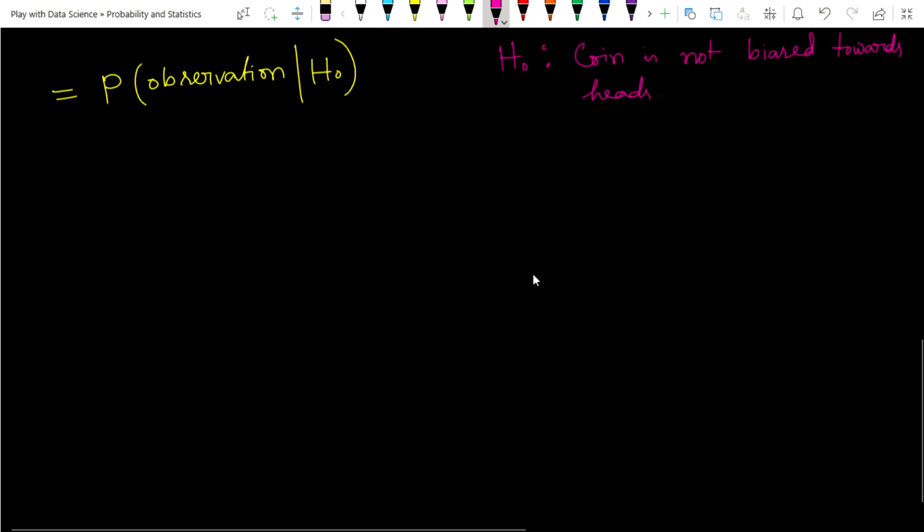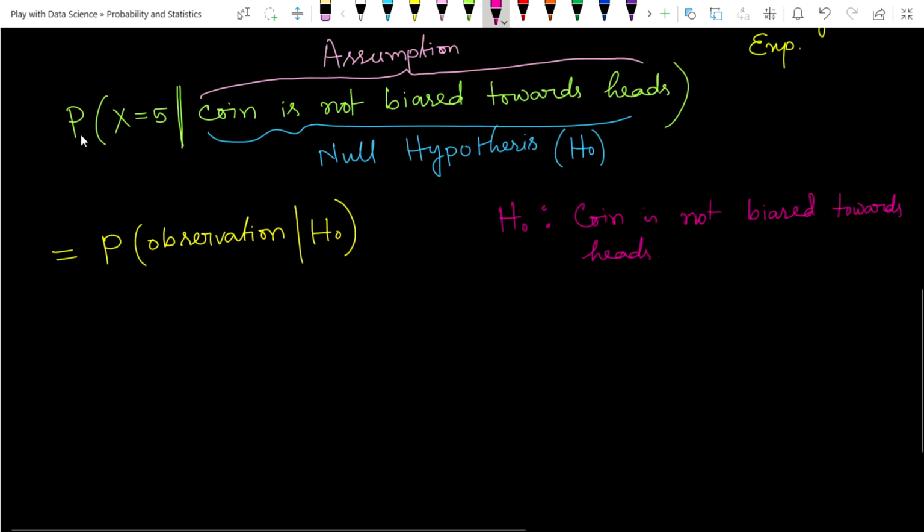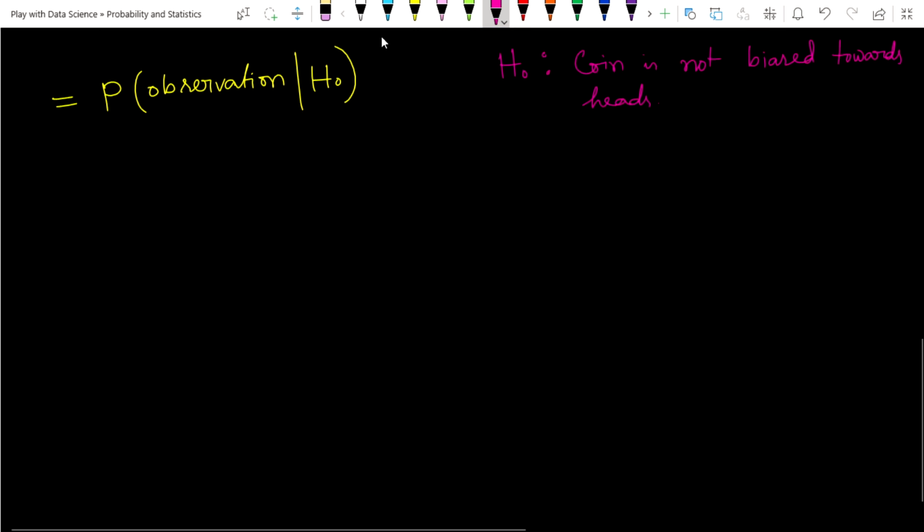Now we have to calculate this probability. It is simple, and we have already seen this kind of counting.